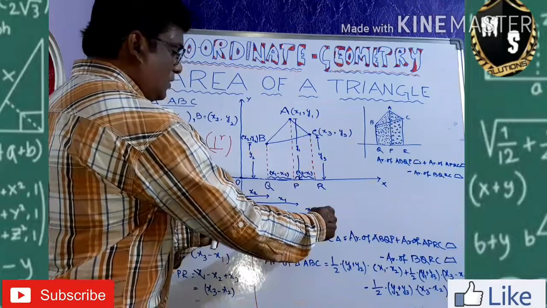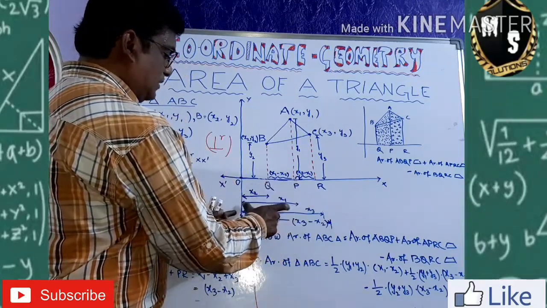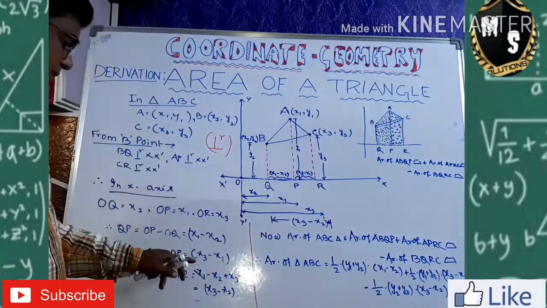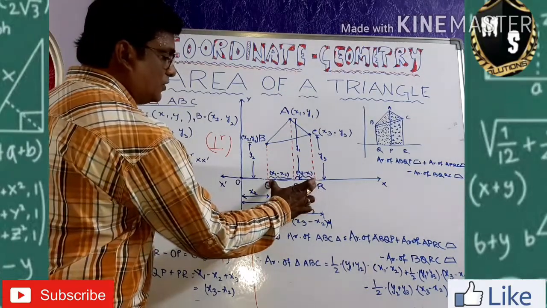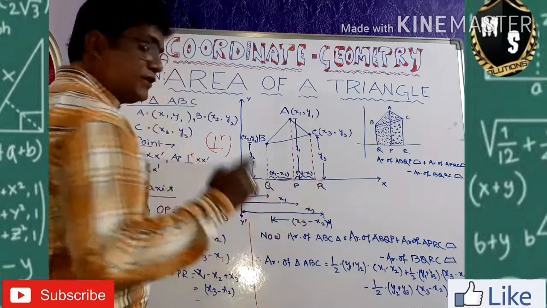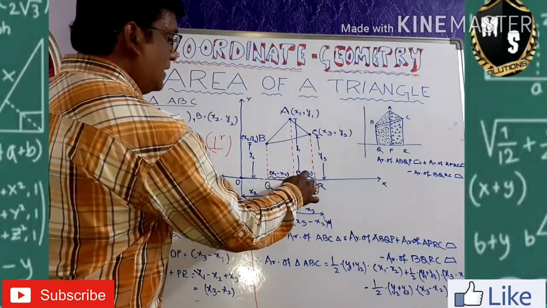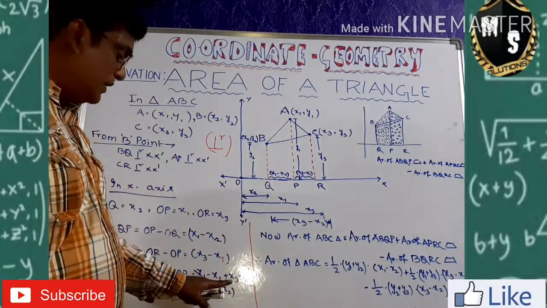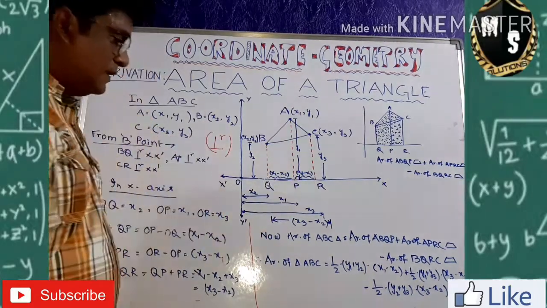The whole minus this one. So whole is x3 minus x1. This one is x1. So x3 minus x1. It is written there. Then you just add. You go for QR. What is QR? QP plus PR. x1 minus x2 plus x3 minus x1. So add it. x1 will be cancelled. Then it will be x3 minus x2. This much distance is x3 minus x2. Clear now?